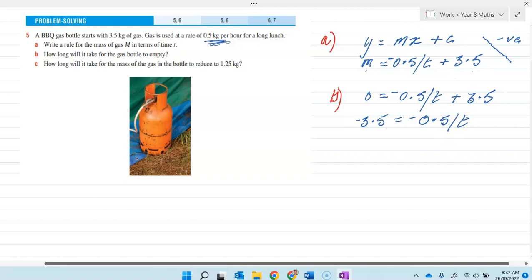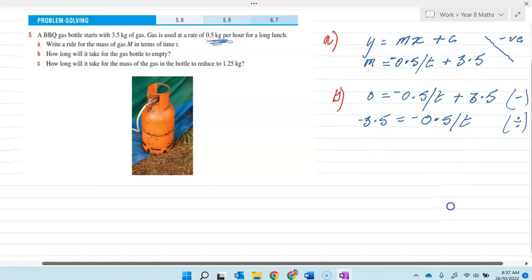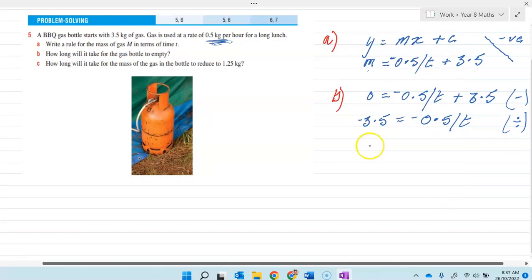You could write that the other way around if you wanted to, but the next thing is to divide both sides by negative 0.5. I like to work from the left, so I'll put it like this: negative 0.5t equals negative 3.5.